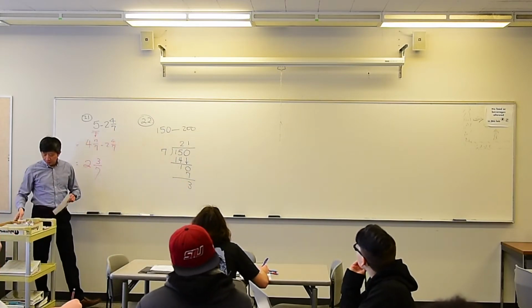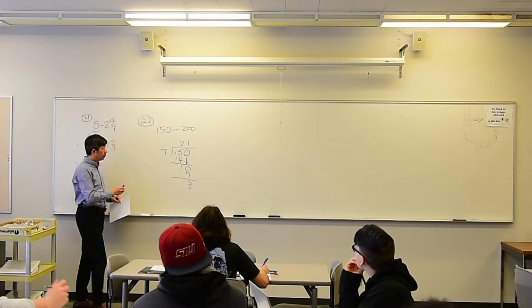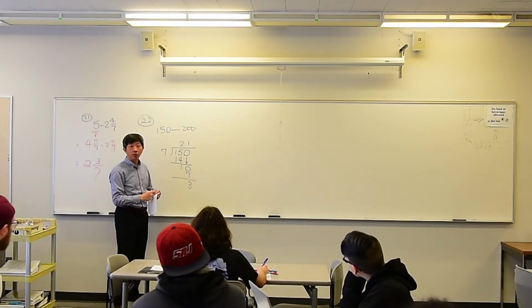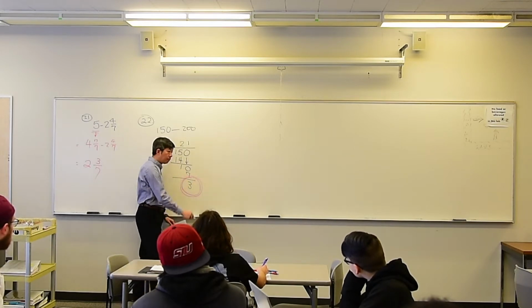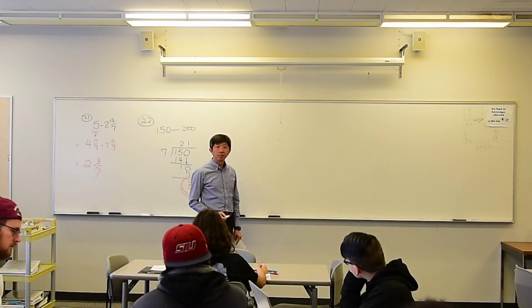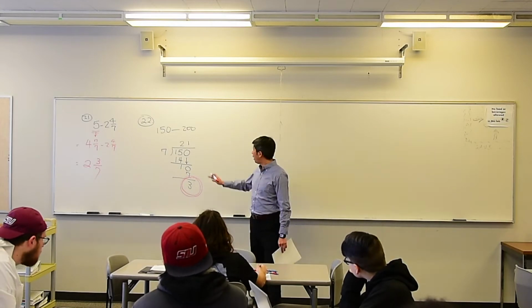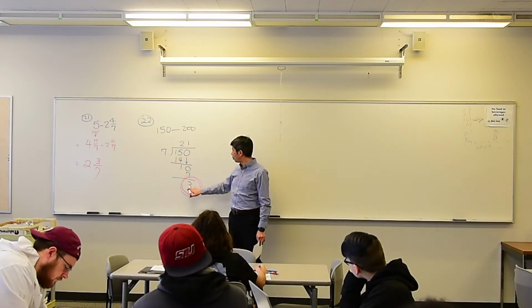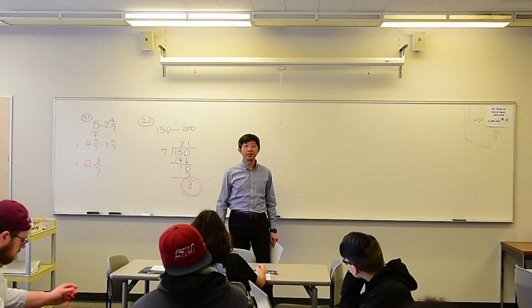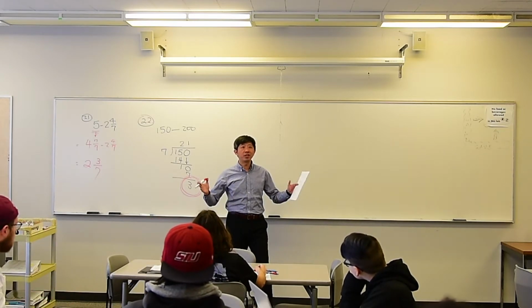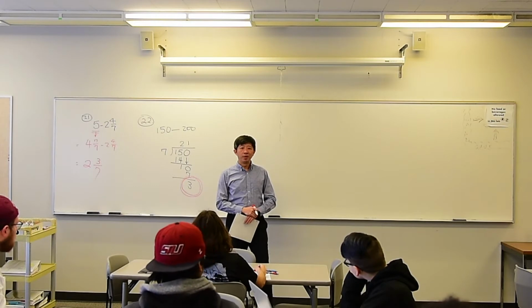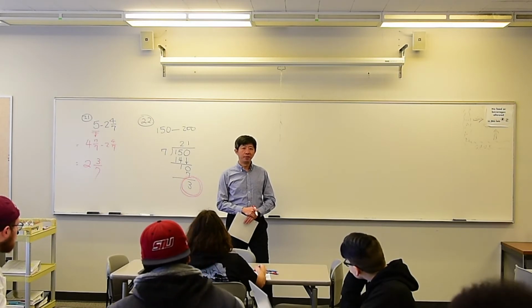And this is not divisible, right? 150 is not divisible. What does this tell you? You divide it by 7 and you have a 3 left over, right? Remainder, right? How can we make this divisible? If we add how many more?